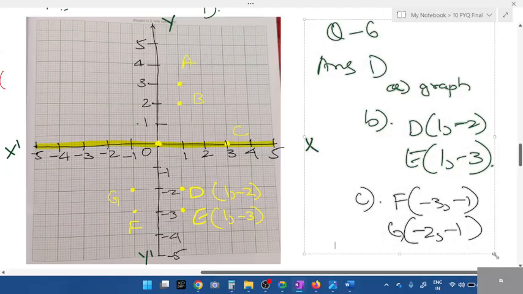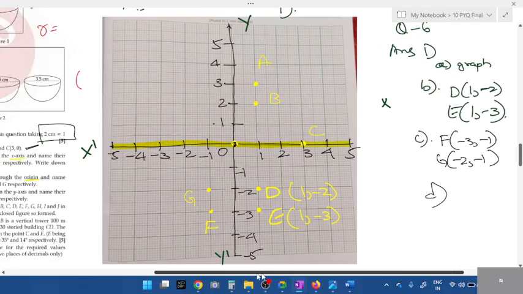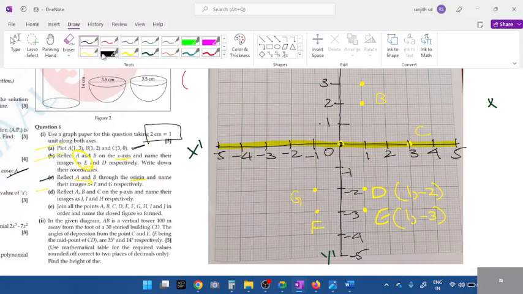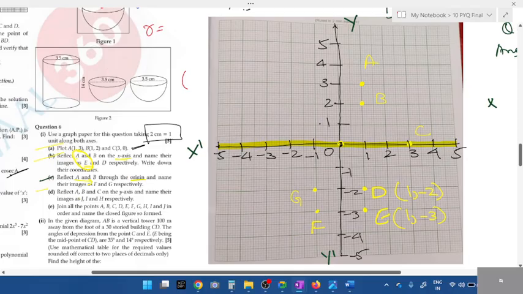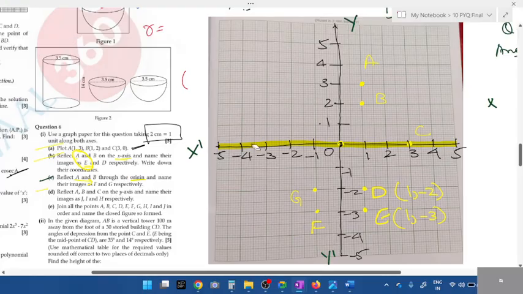Shall we plot the next one? D. Okay, what is D students? What is given? Reflect A, B, C on which axis? Y axis. So where is the mirror now? Where should I place the mirror? On Y axis.